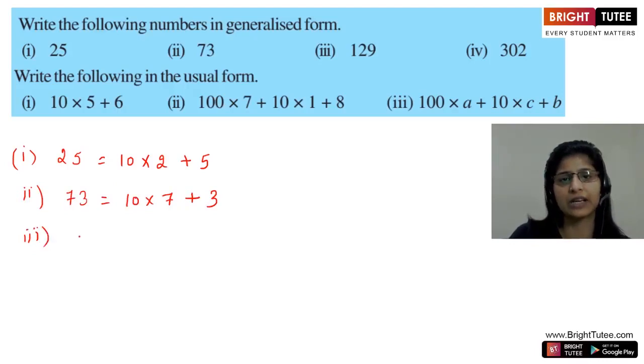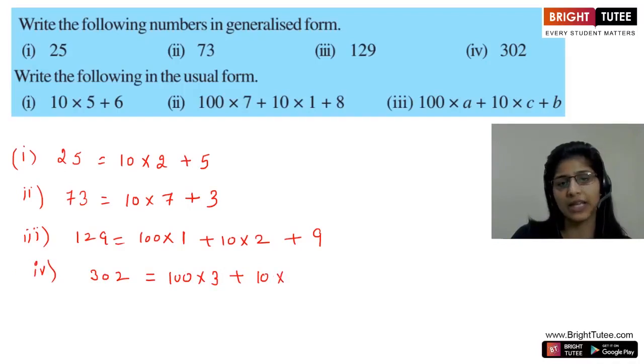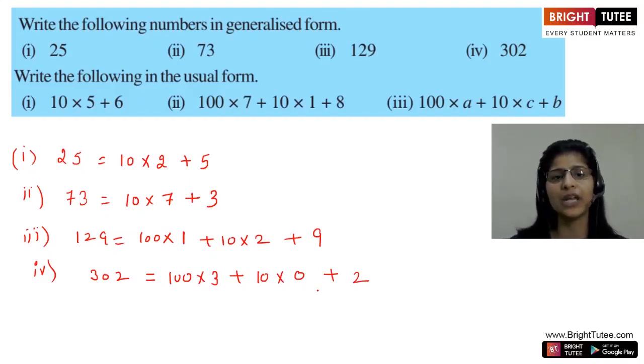The third one in the generalized form can be written as 100 into A, A is the first digit, that is 1, plus 10 into B, the second digit, plus the third digit, that is 9. Similarly, the fourth one, that is 302, can be written as 100 into the first digit, that is 3, plus 10 into the second digit, that is 0, plus 2, the third digit. So these are the generalized forms of the numbers 25, 73, 129 and 302.